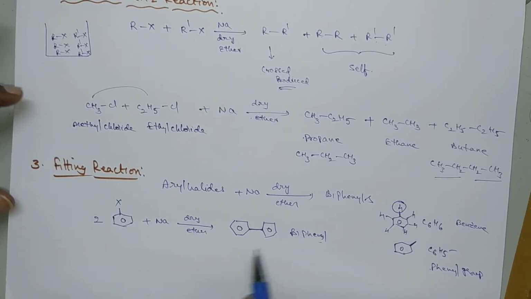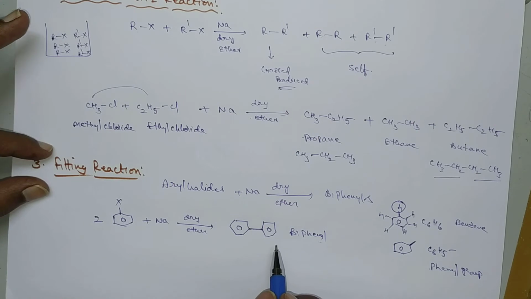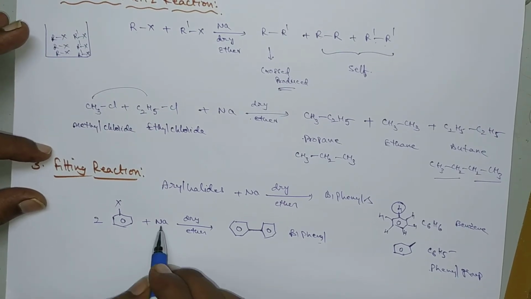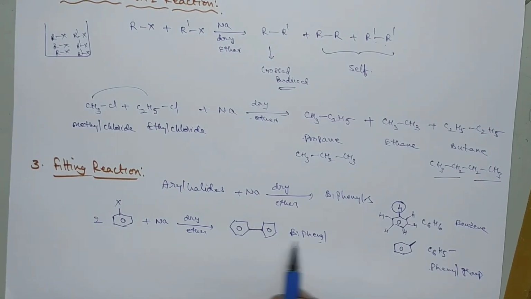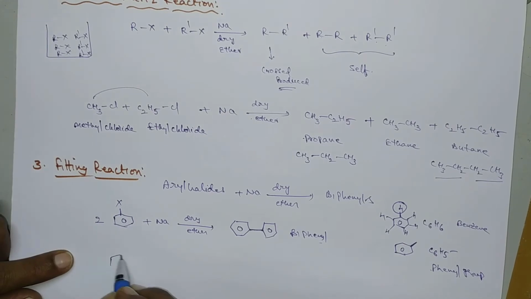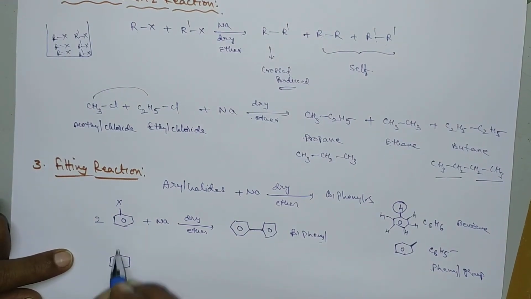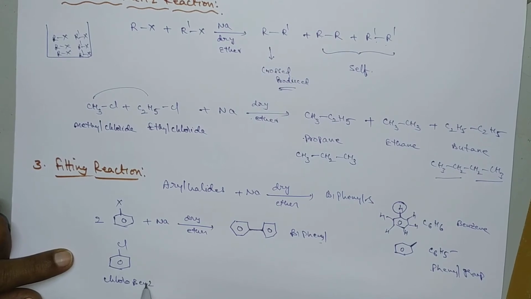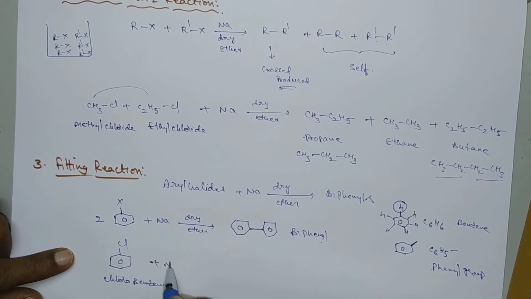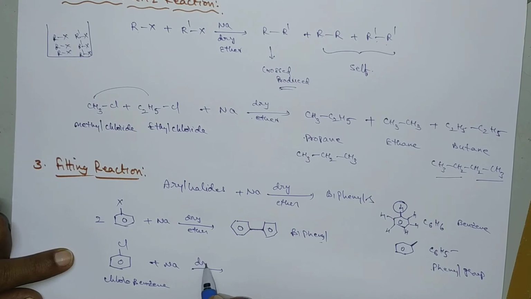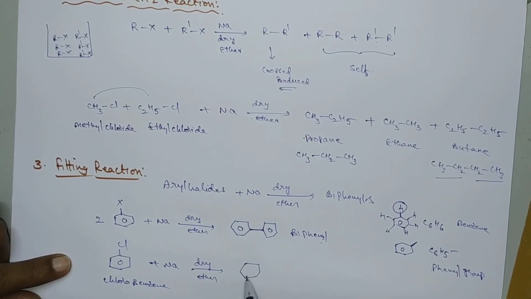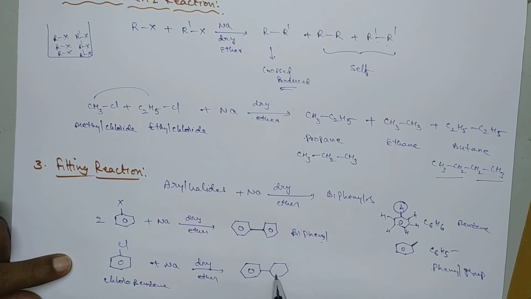Okay, clear? So this is the Fittig reaction. Aryl halides react with sodium metal in the presence of dry ether to form biphenyl. If you take any aryl halide like chlorobenzene, so this is chlorobenzene, it reacts with sodium metal in the presence of dry ether. We get biphenyl, a phenyl group attached to another phenyl group.